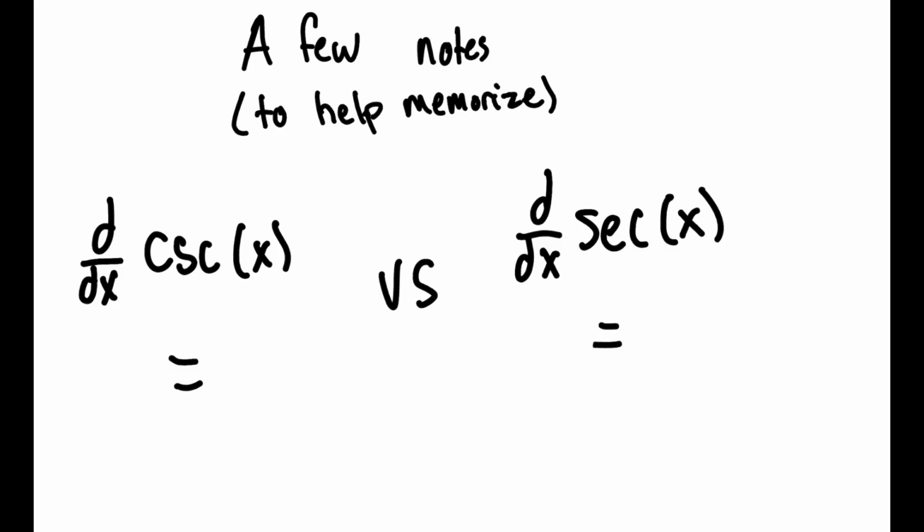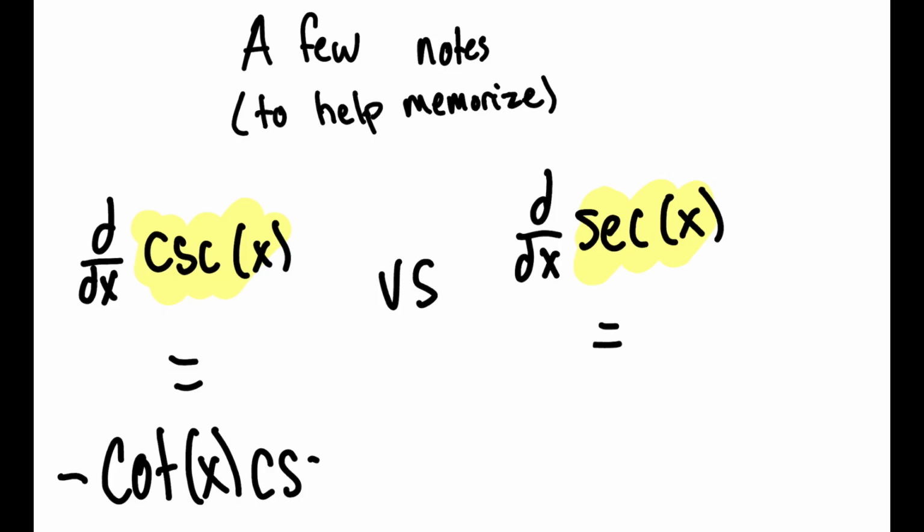We get that exact same thing with cosecant versus secant. What we get for cosecant is obviously a negative because there's a c at the beginning. And then we're going to get cotangent times cosecant. The only difference is that because there's no c there, this is going to start out positive, not negative.